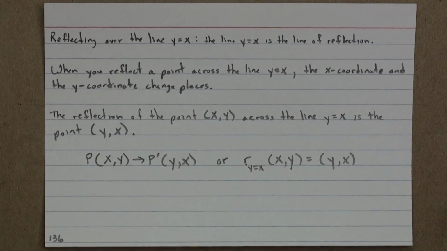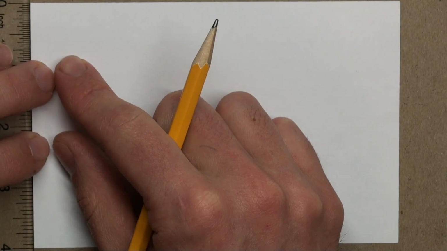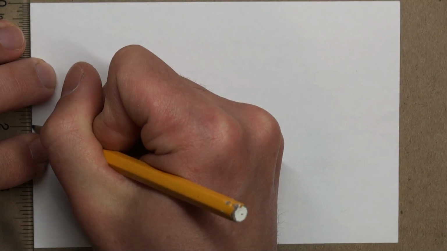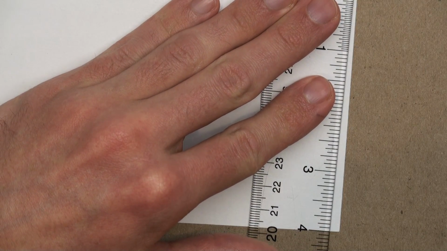Okay, so let's do an example on the back. Again, I'm just marking a point halfway to help me draw my axes.